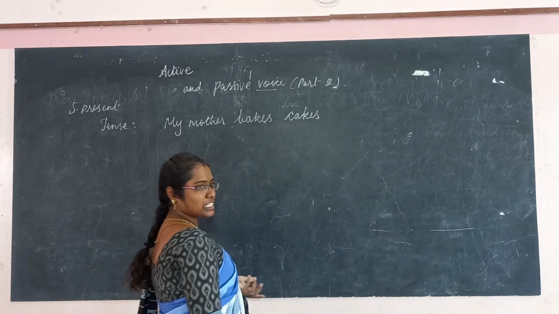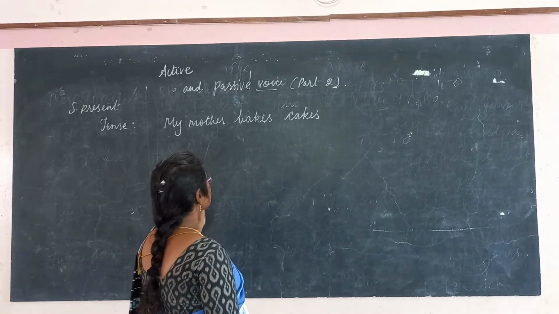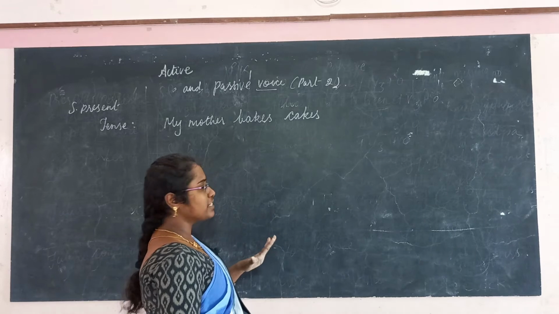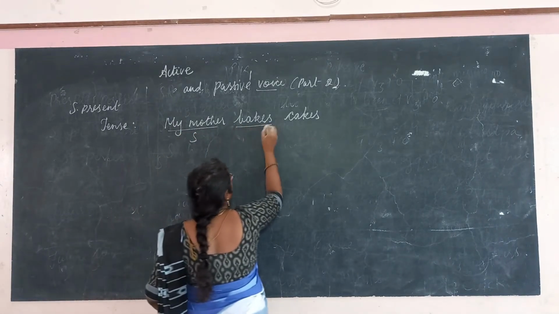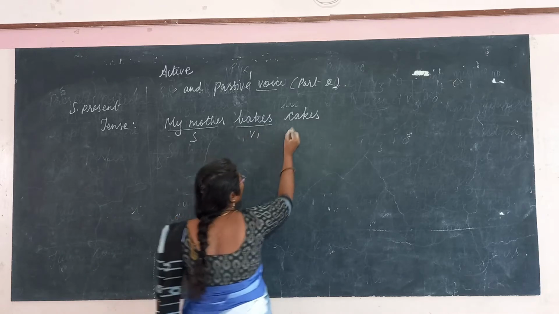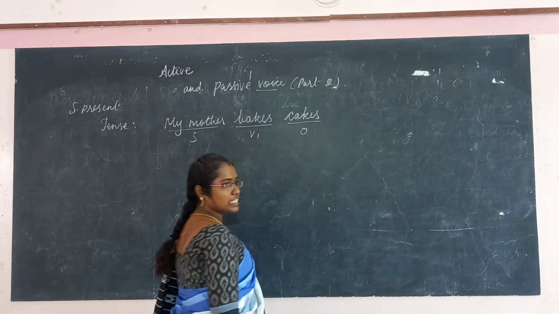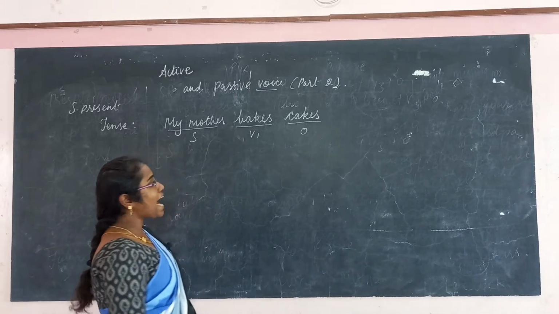My mother bakes cakes. So this is the first example I have taken. Look at the sentence: subject, bakes, verb, and the object. So this is the simple present tense in the active voice.